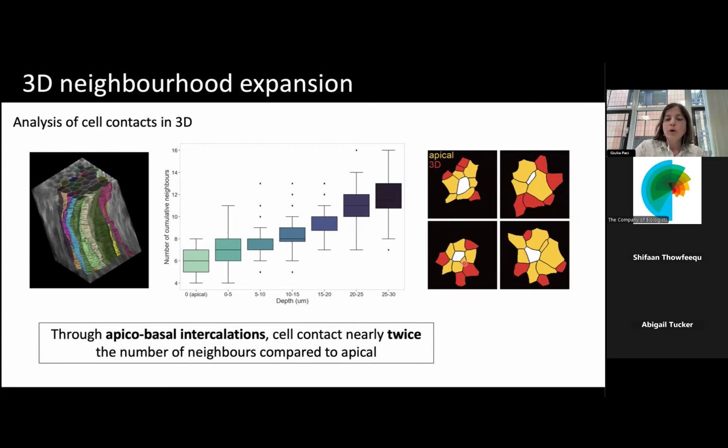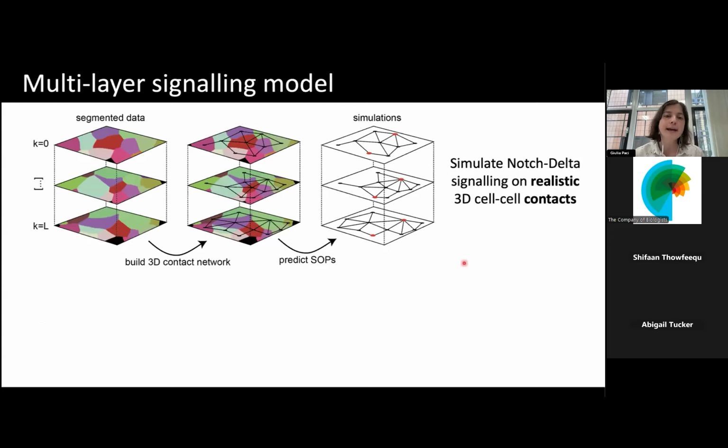So then we wanted to better understand what the role of these contacts is on the signaling. And for that, we went back to the modeling approach. Francisco introduced a completely new modeling framework, which we think is very helpful to think about signaling in a realistic tissue.